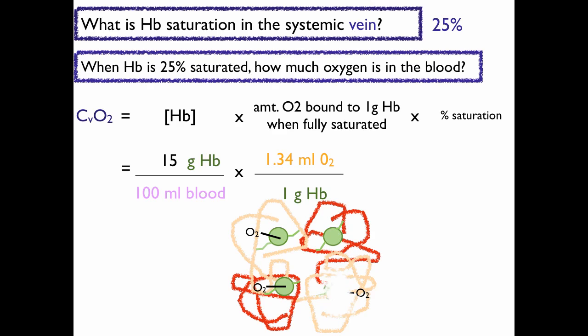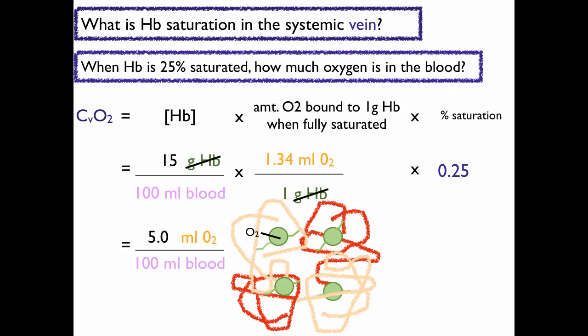It has far less oxygen bound to the heme groups. Only 1 in 4 heme groups at this point is bound to oxygen. So we're multiplying it by 25%, which gives us the content of oxygen in the systemic venous blood to be about 5 mLs of oxygen per 100 mLs of blood.